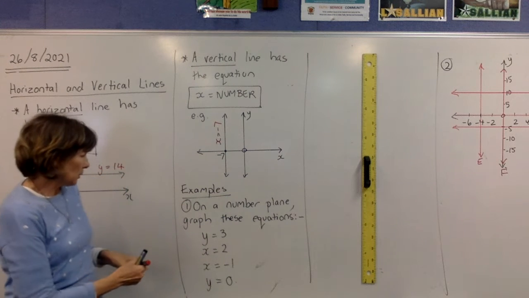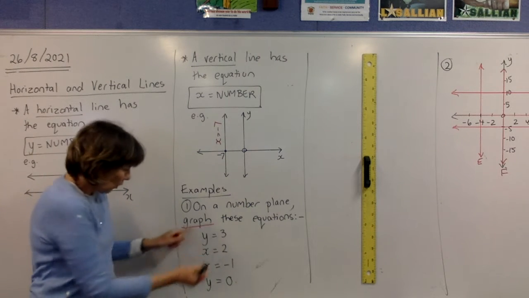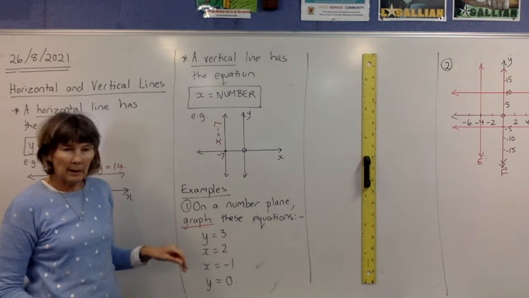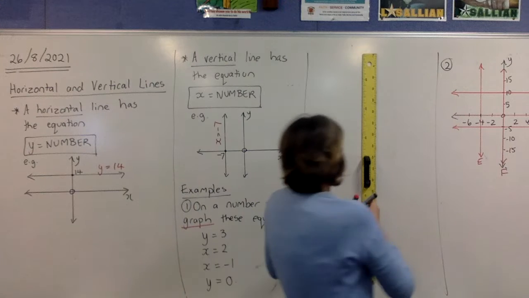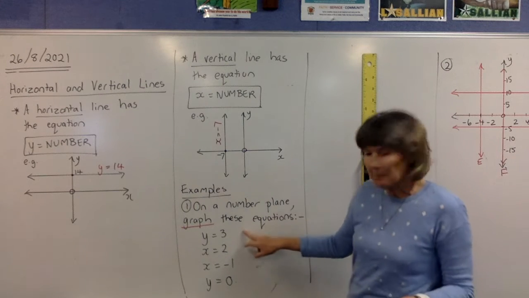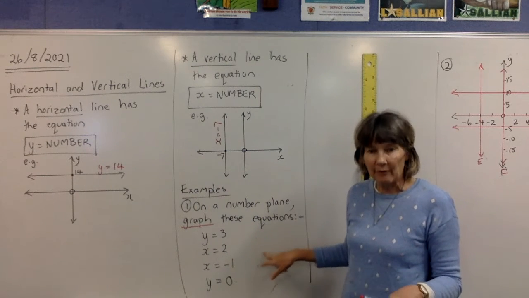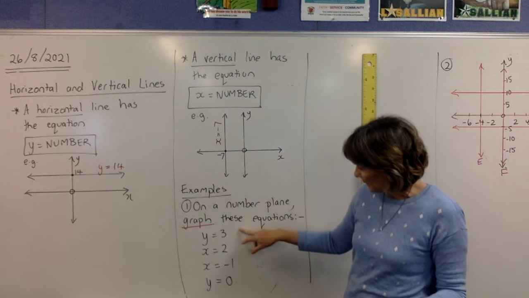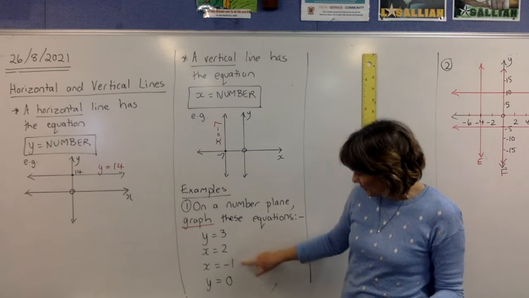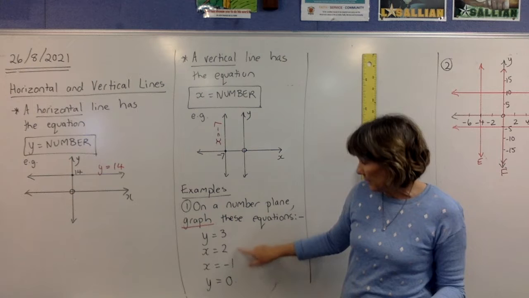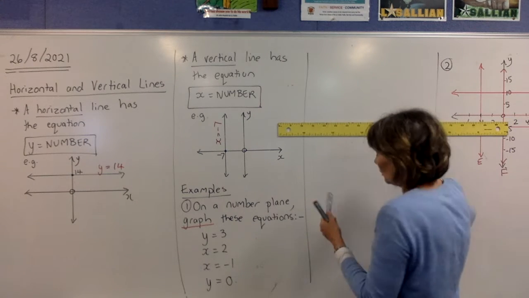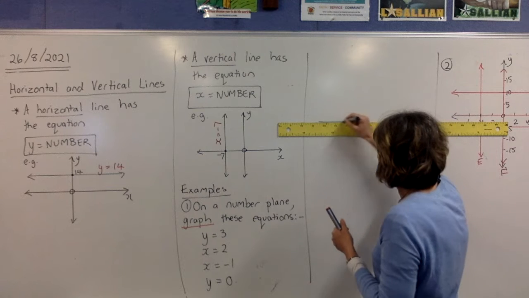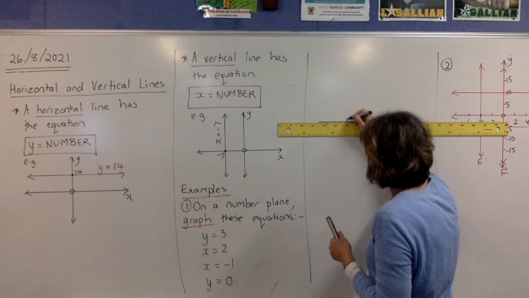So in the examples we're doing here, we are graphing all of these lines on a number plane. So I haven't drawn this up yet, I'm about to. So I'm going to draw up our number plane, and I'm just going to make sure that I've got the numbers going far enough to be able to graph these. So my x's only have to go from -1 to 2. You can go further, but you don't have to. So I'm going to put my 0 there.